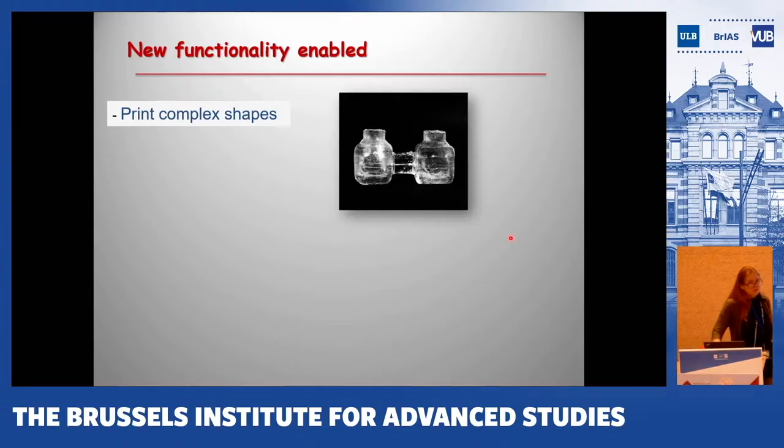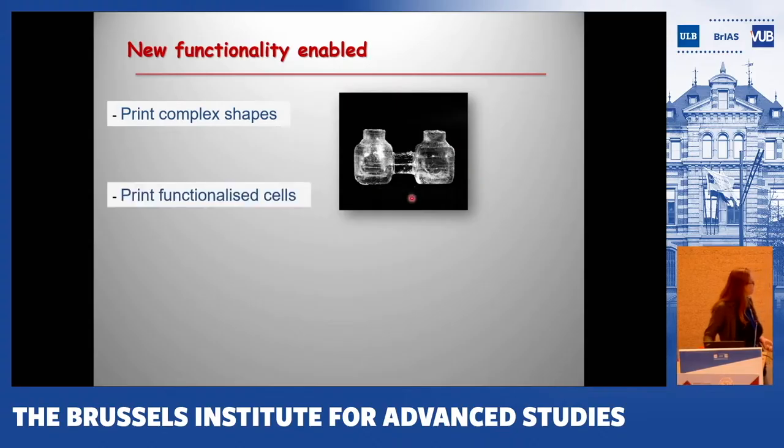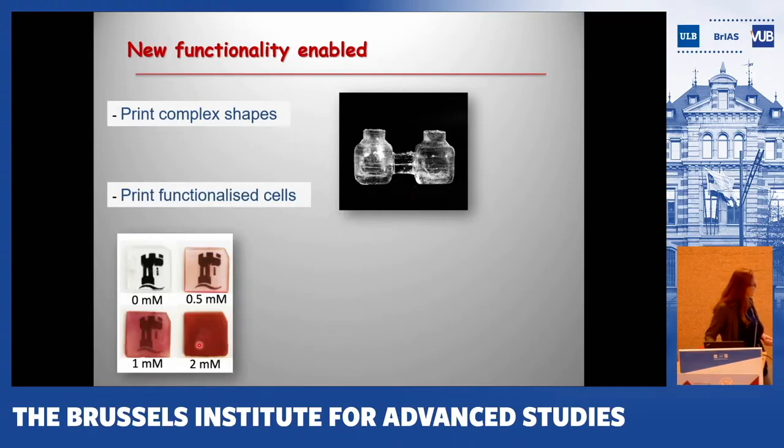And again, the advantage is you can make structures that you cannot make easily, or you cannot make at all with the normal glass blowing approach. So here are two cells put together. You can also integrate gratings. You can functionalize the cell, so you can add some gold nanoparticles that create a surface plasmon that leads to specific absorption in the glass.